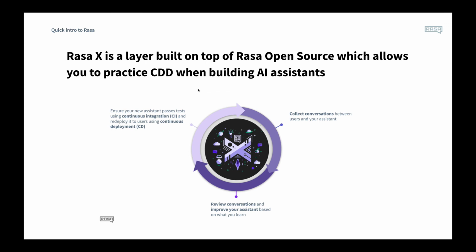So conversation-driven development is basically a cycle where you at first build your assistant, and you include continuous integration and continuous development aspects to your assistant, meaning that you constantly test your assistant.